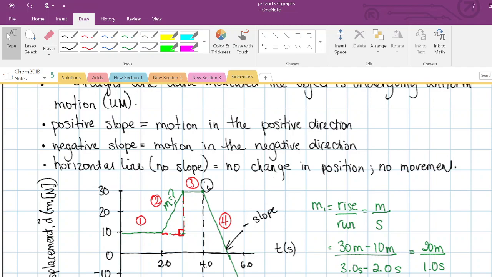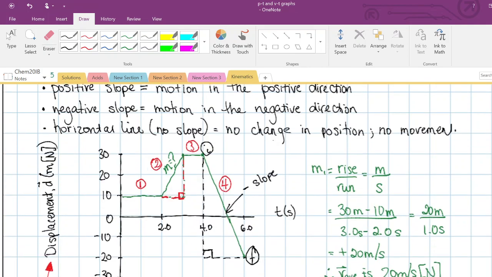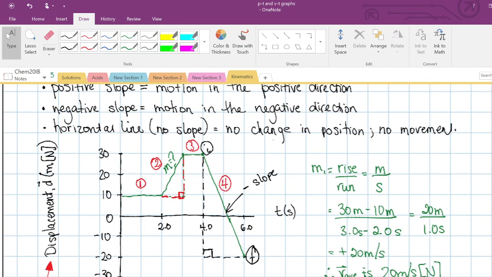The only difference here is that instead of doing calculations, we're reading that from our graph. Before I move forward, if we have a horizontal line on our graph, where the slope is equal to 0, that tells us the object is going nowhere. It's not changing its position over time. It's staying in one spot over time.